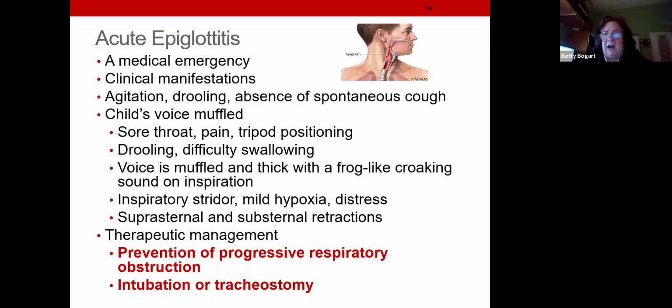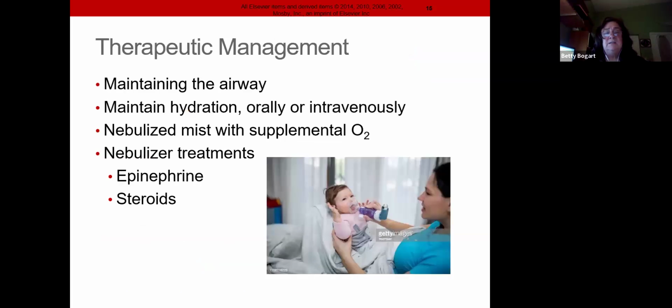So if you ever have a child admitted, urgent care, doctor's office, doesn't matter, and you see this stuff going on, be prepared to intubate that child or place a tracheostomy, because that epiglottis is covering the airway and they cannot breathe. True medical emergency. So, got to keep that airway open.